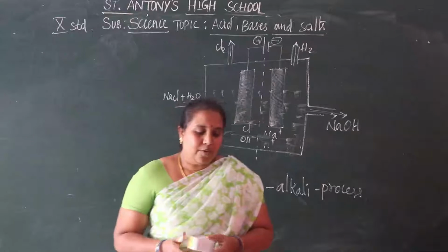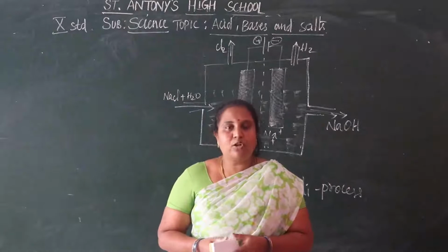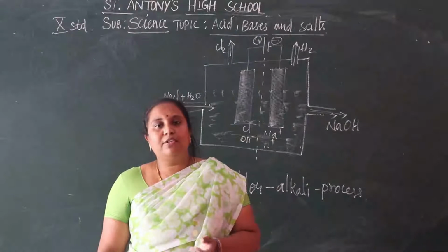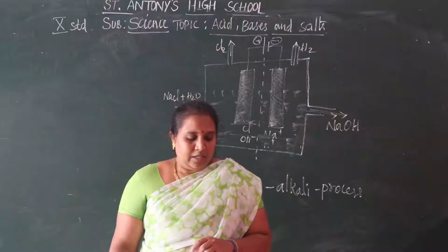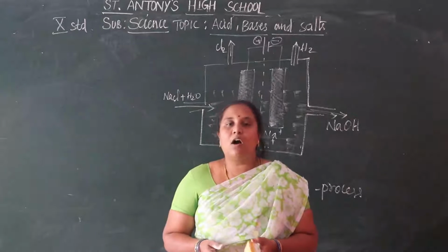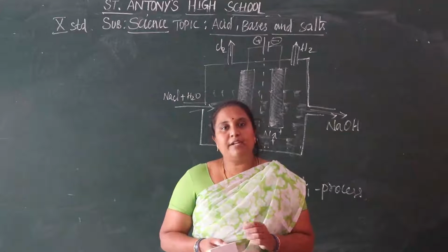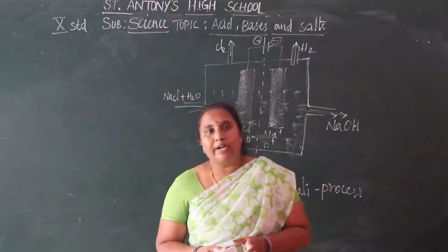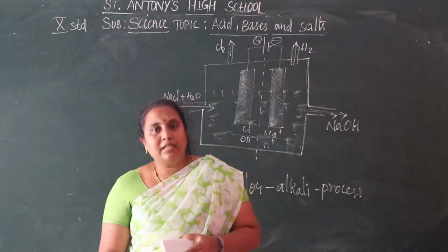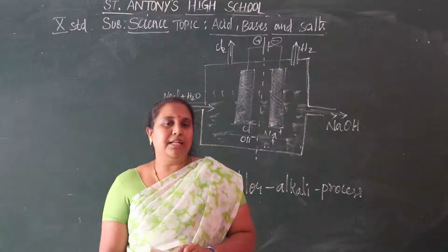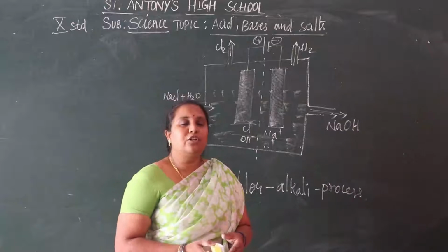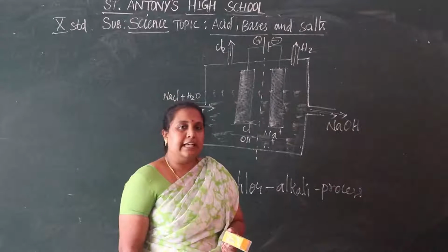When calcium hydroxide reacts with chlorine, it gives calcium oxychloride. That calcium oxychloride is nothing but bleaching powder. The molecular formula of bleaching powder is CaOCl2.